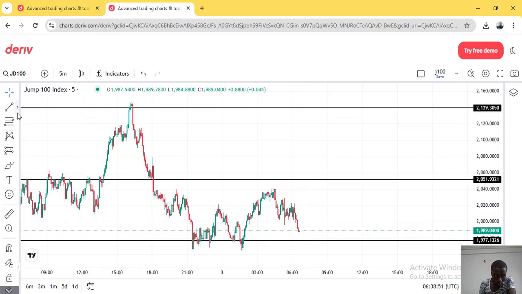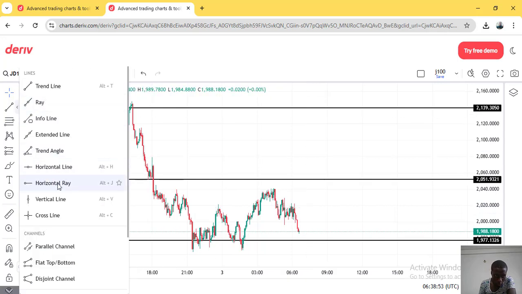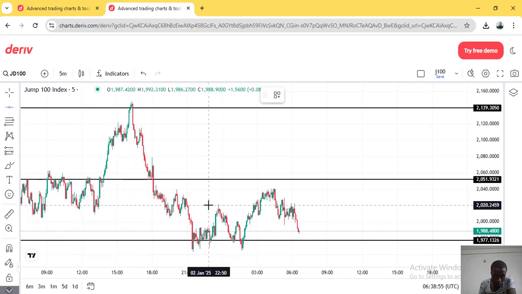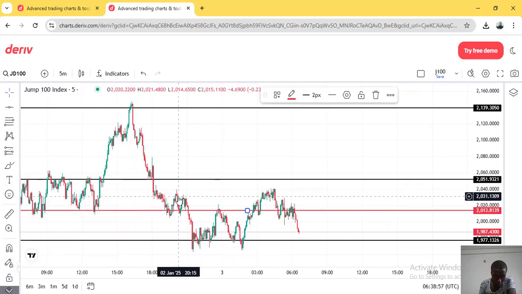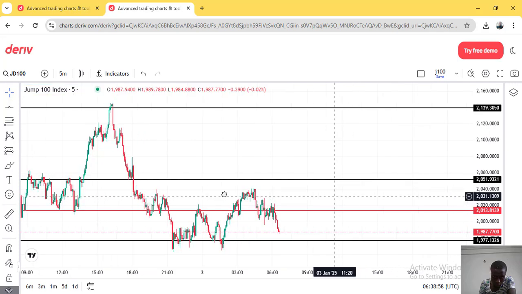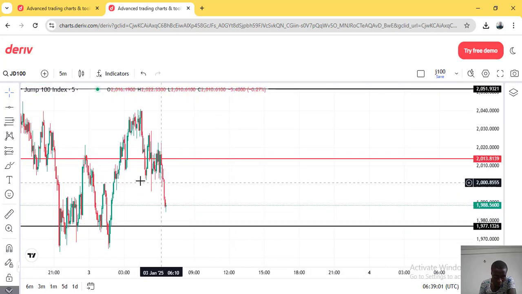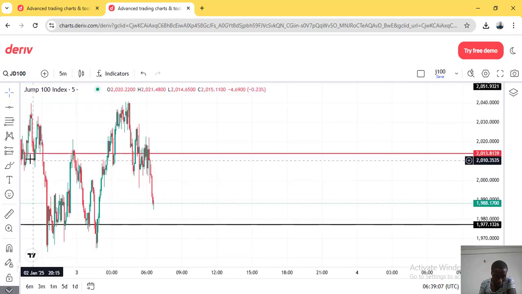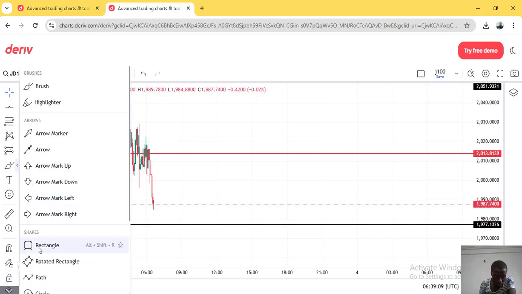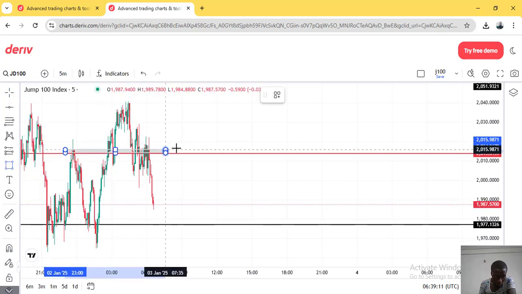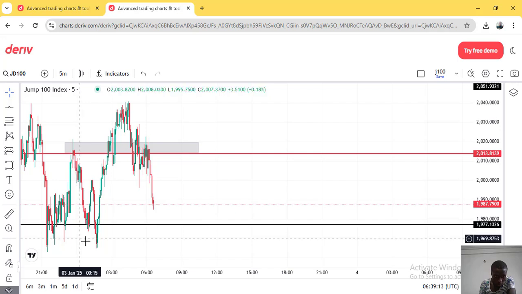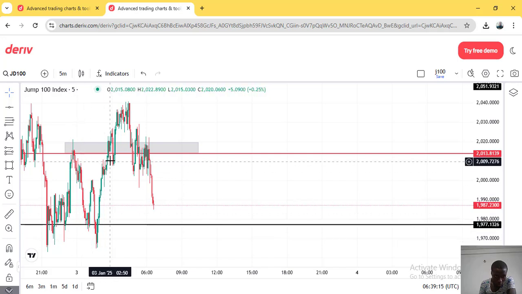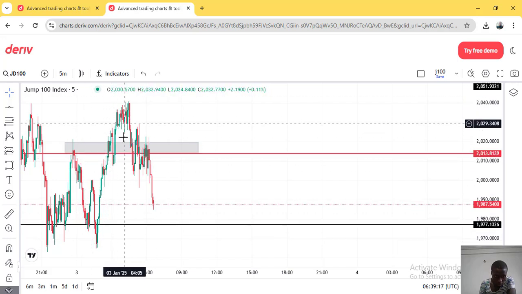A turning point around here. The turning point here like this. Right, so if you look at this, you are basically going to see that this is a similar setup. We have a break down below, and then if you look at this zone here, the other similar scenario. After price created this low, it came back, rejected, cleared the liquidity above here.